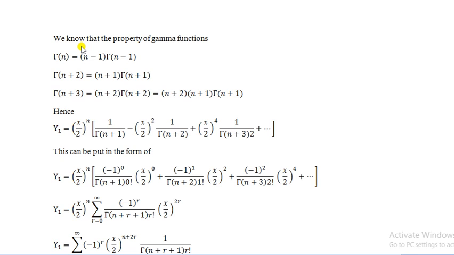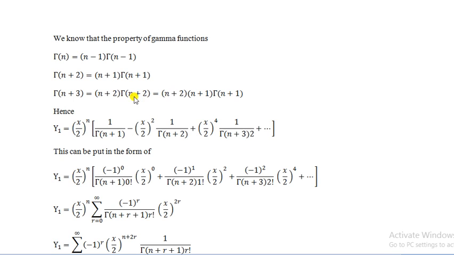In integral calculus, in beta and gamma, we know the properties of the gamma function. So gamma of n is (n minus 1) gamma of n minus 1. Gamma of n plus 2 is (n plus 1) into gamma of n plus 1. And gamma of n plus 3 is (n plus 2) gamma of n plus 2.